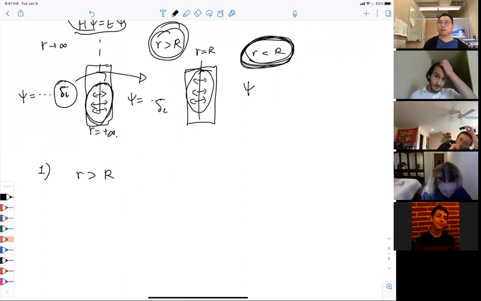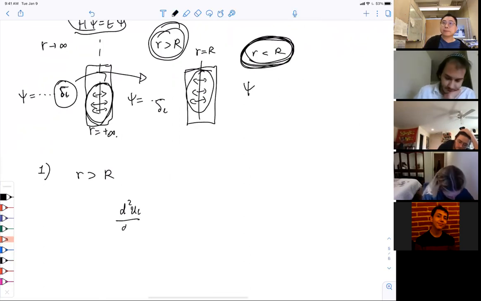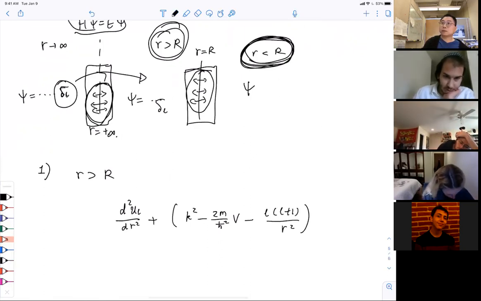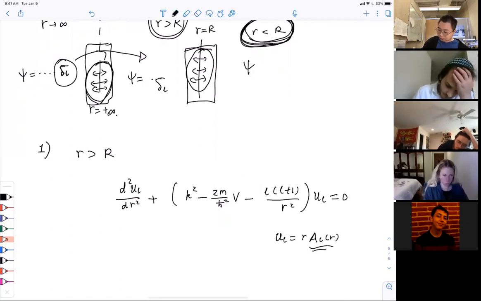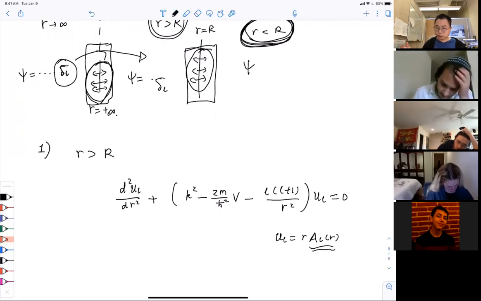The equation we need to solve is nothing but this, where u_l is r times A_l(r), and A_l(r) is the radial wave function of our total function phi.